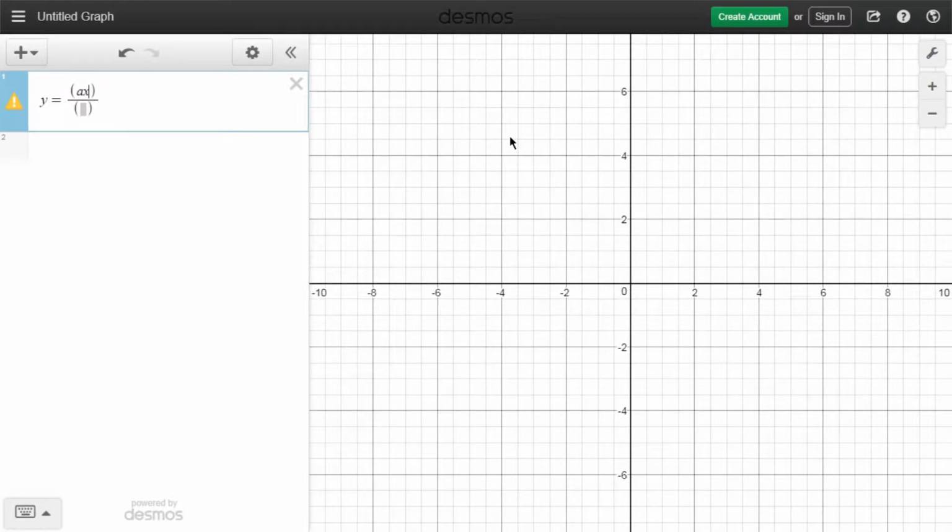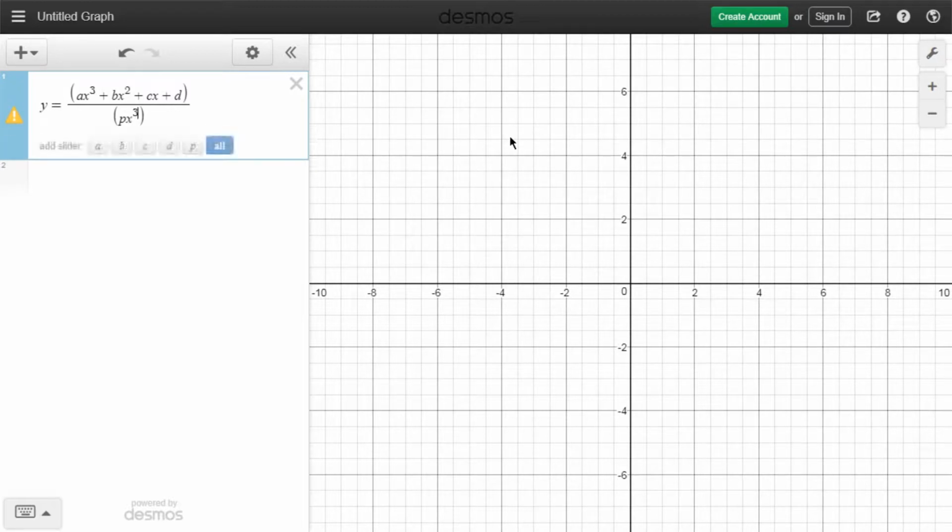So let's say we've got ax cubed plus bx squared plus cx plus d, divided by px cubed plus qx squared plus rx plus s. Okay, so what are all these things? What are a, b, c, d, p, q, r, and s?